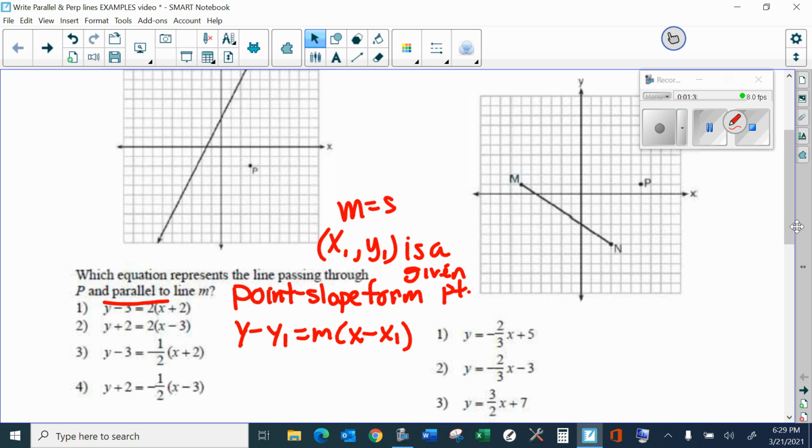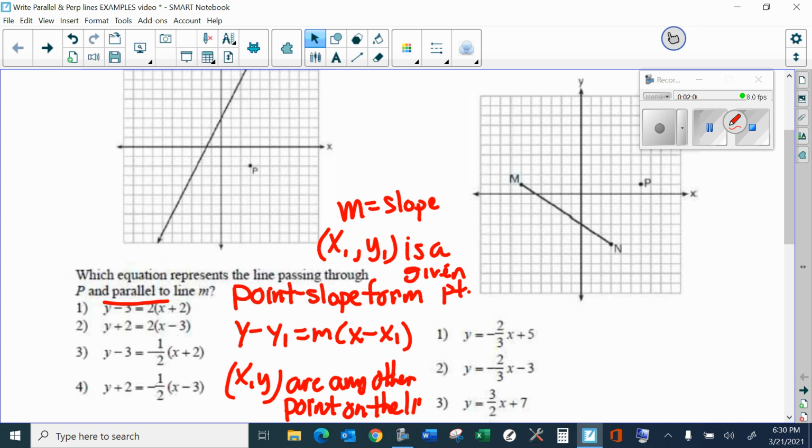M's always slope, no matter what linear equation we're using. And then x and y are any other point on the line. Okay, so you need to know that.